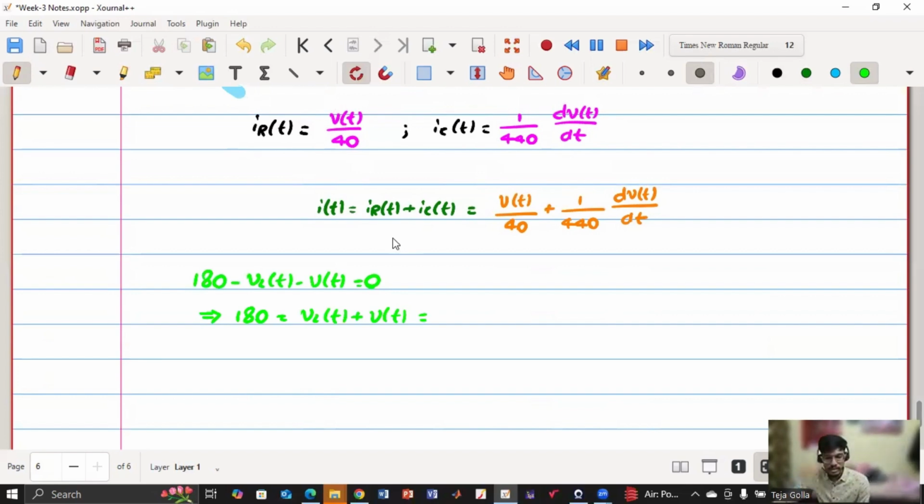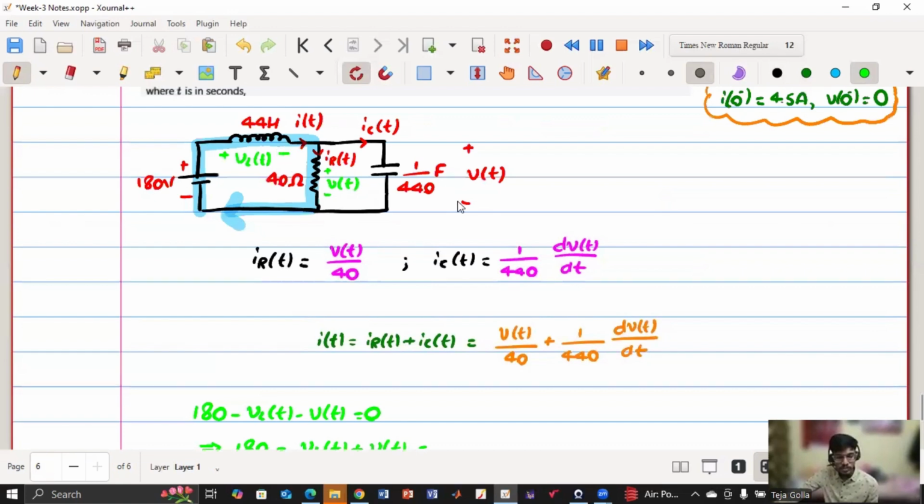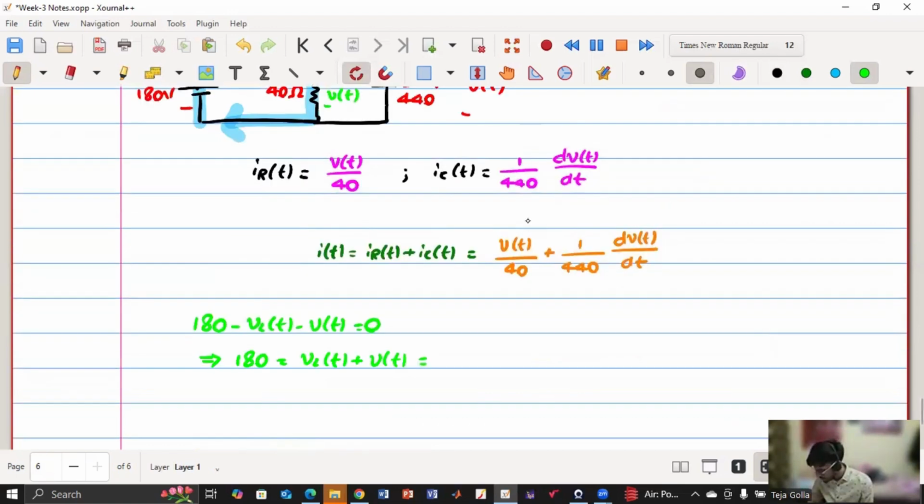Now, what is the voltage of an inductor in terms of inductance and its current? L into di by dt. Yes, very good. And L is 44, so 44 into di of t by dt plus V of t. Now we will substitute this I of t in this expression.